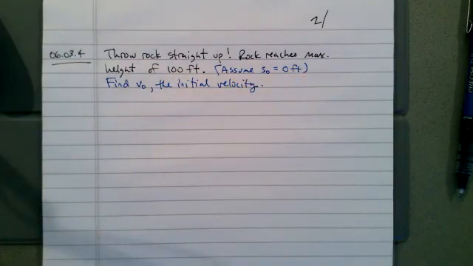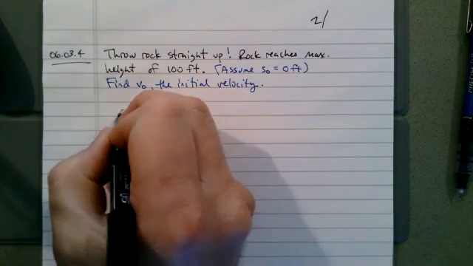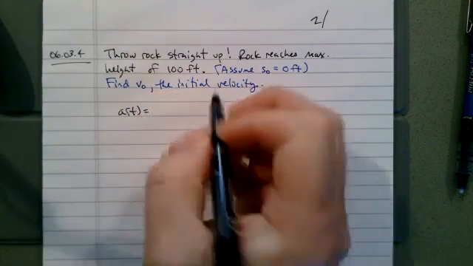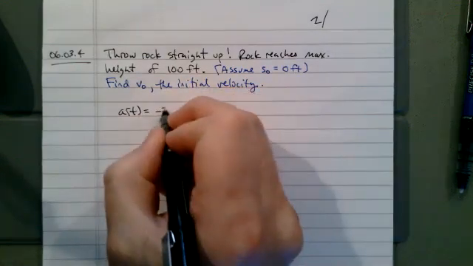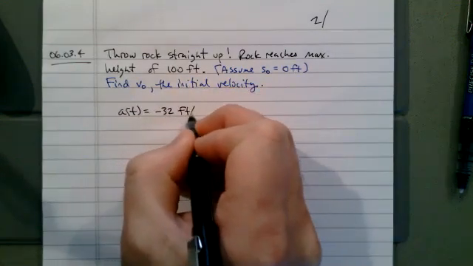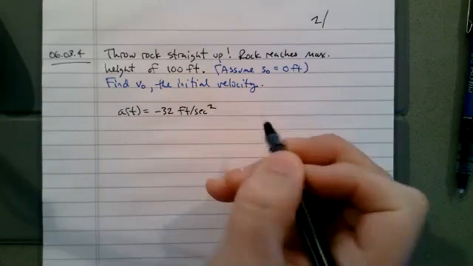So we know that in this problem, since the rock is only going to be traveling under the force of gravity, it doesn't have any booster jets on the rock, our acceleration is just going to be, and we're in feet, so negative 32 feet per second squared.